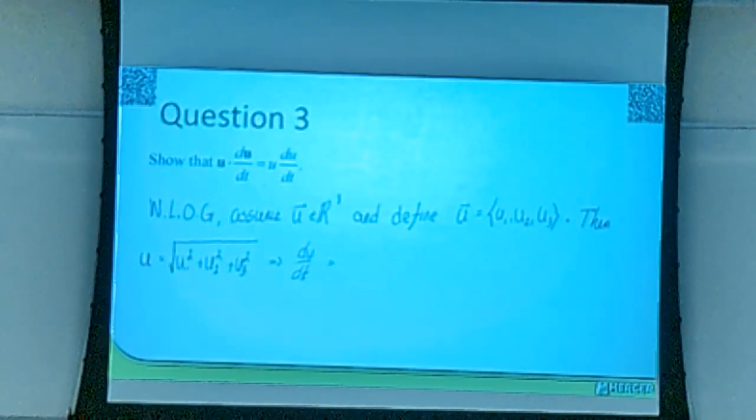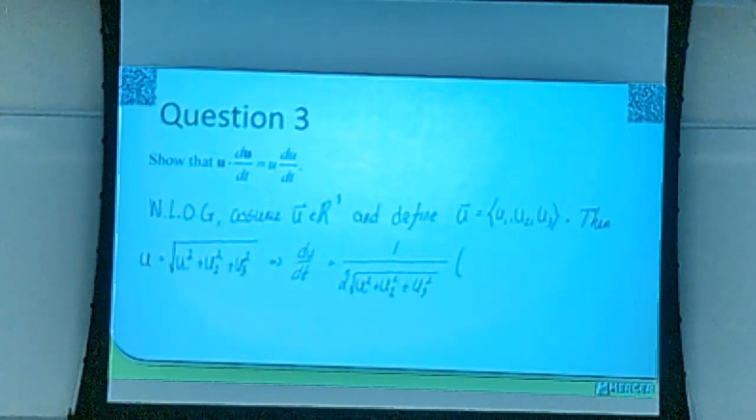So this is the general power rule, right? Times the derivative of the inside. What's the derivative of the inside? Including the square root or no? No, it's inside the square root. 2u1 plus 2u2 plus 2u3.